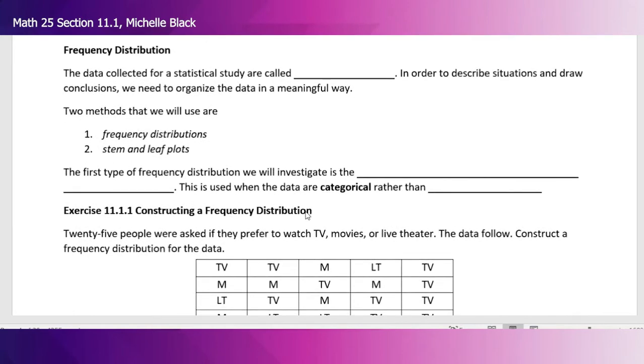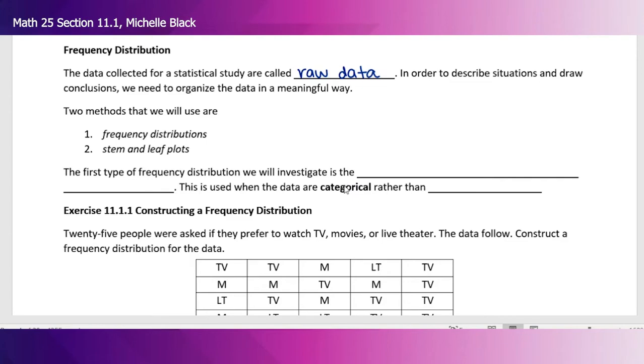Frequency distribution. The data collected for a statistical study are called raw data. In order to describe situations and draw conclusions, we need to organize the data in a meaningful way. Two methods that we will use are frequency distributions and stem and leaf plots.